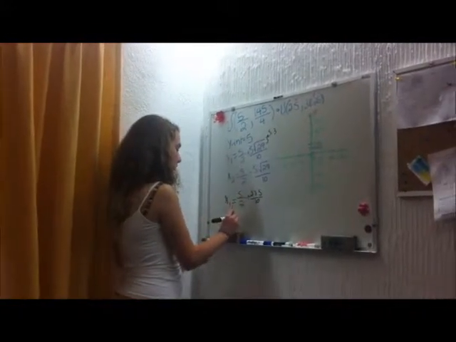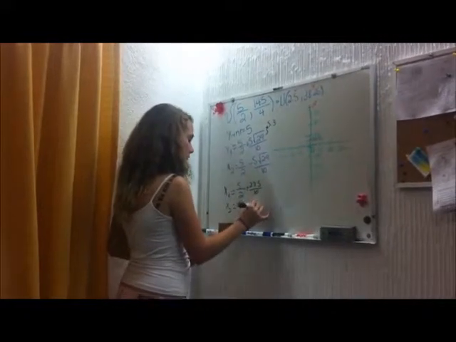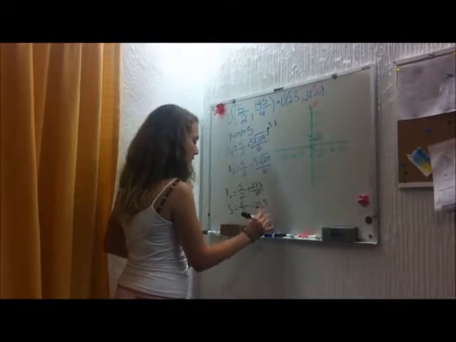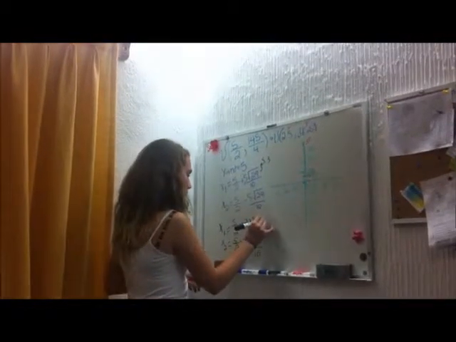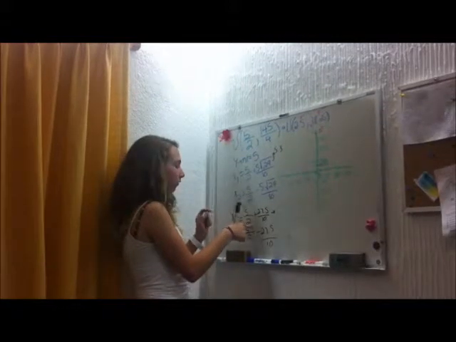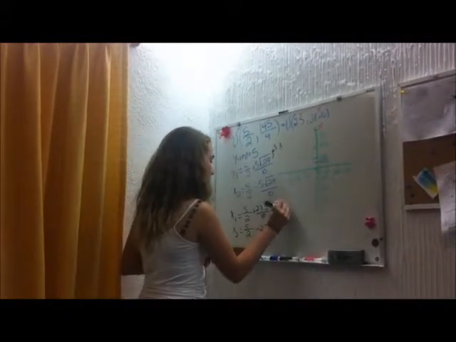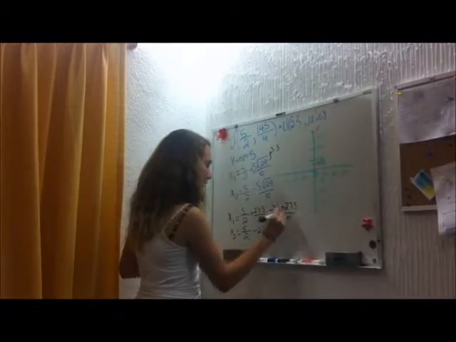And the other one is 5 halves minus 25.5 over 10. We are going to transfer this into tenths. 10 divided by 2 is 5. 5 times 5 is 25 plus 27.5 over 10.